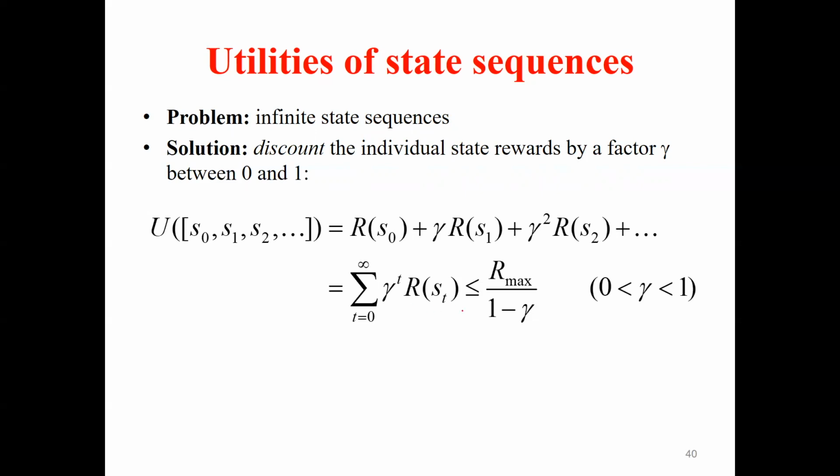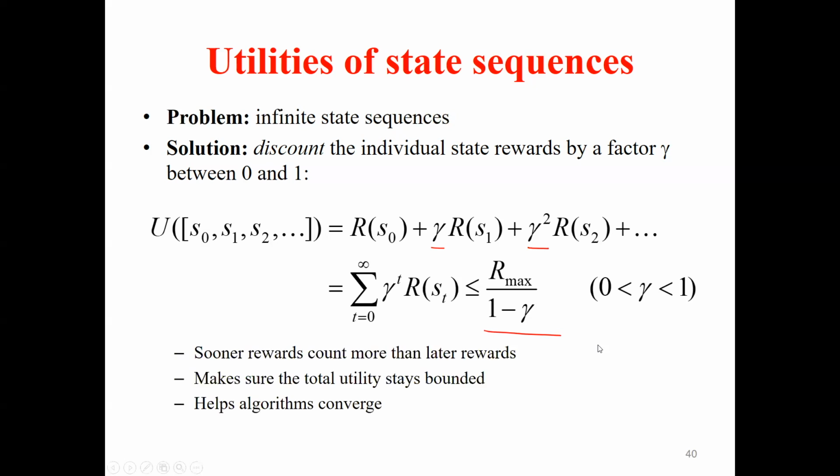At every step, as I'm moving away from the initial state, the factor gamma tries to make the sum in such a way that it should not go towards minus infinity in case the initial rewards were a small negative value like minus 0.04. So it is bounding the result so that it is not going towards minus infinity in case we are having an infinite sequence.